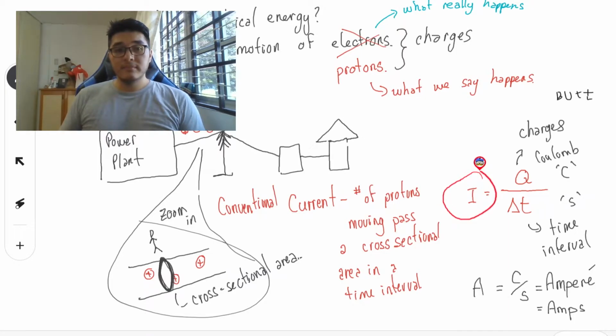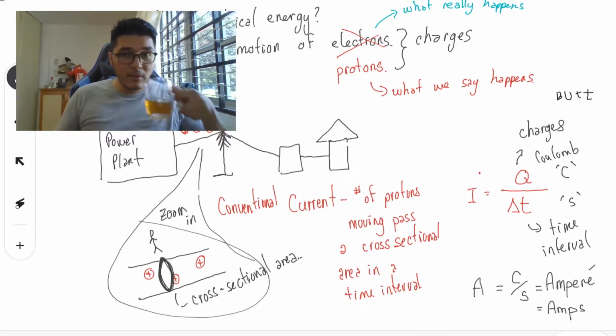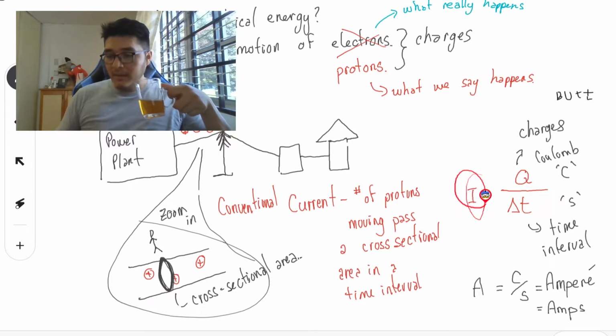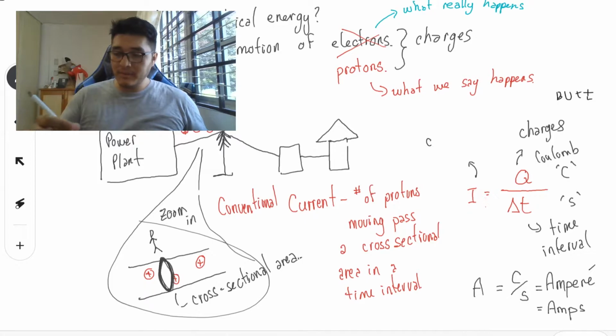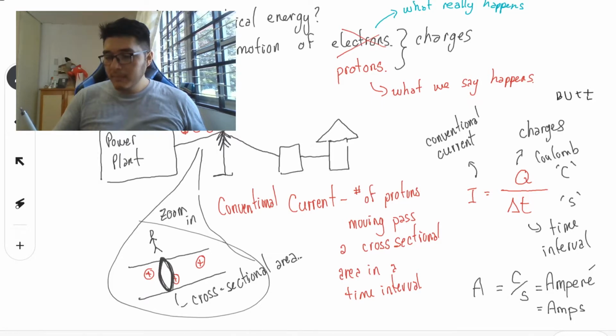What is ampere? Current, conventional current. Okay. What's the difference between amperage and amps? No, amps is just the unit that we use to measure the current. So we could say we have 6 amps going here.